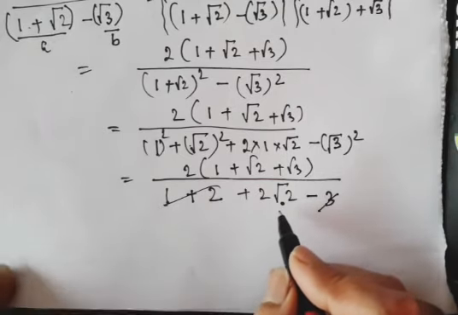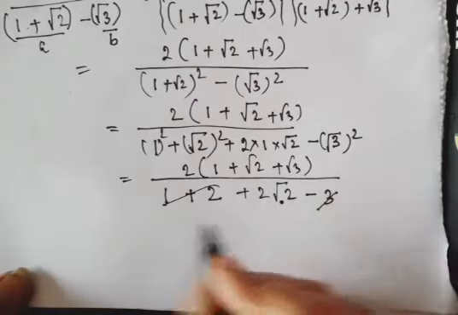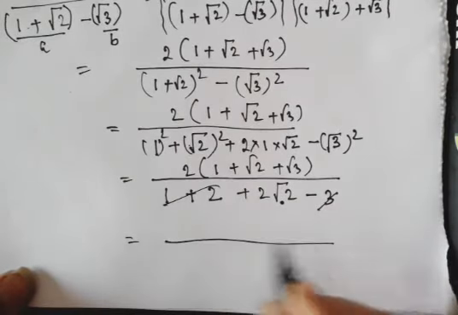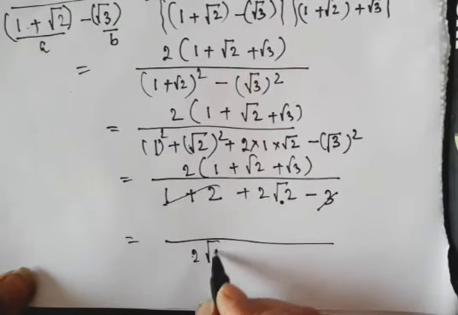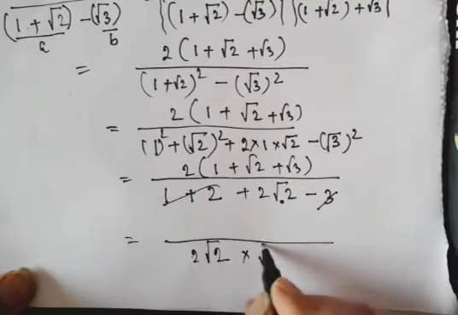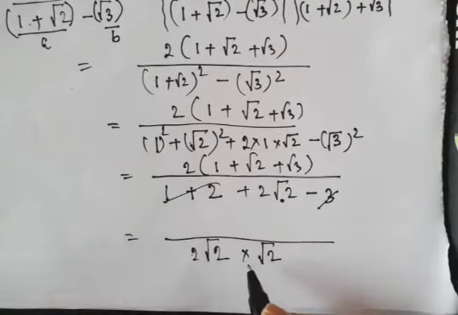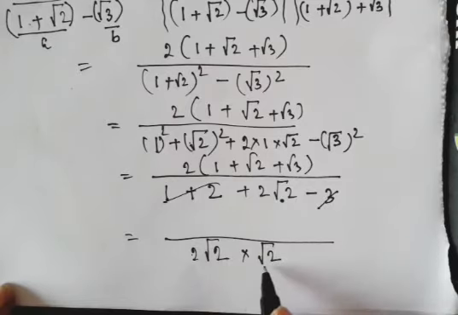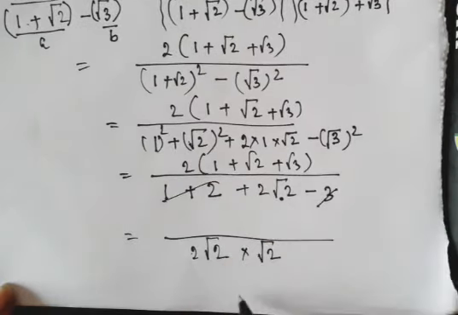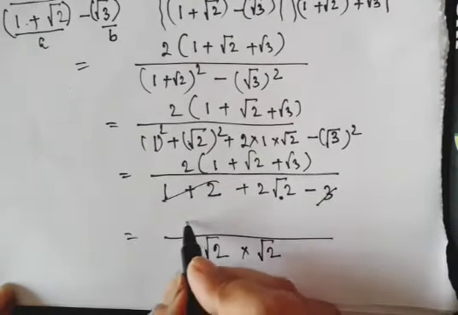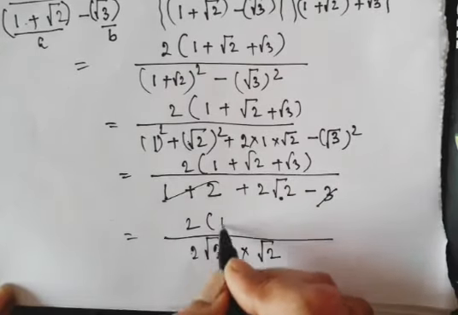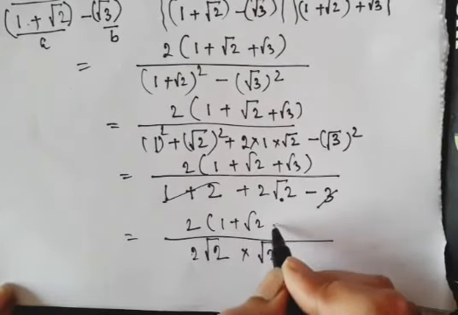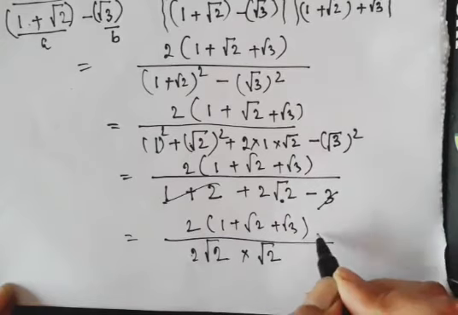So here to rationalize the denominator, if it is 2 root 2, we have to multiply another root 2 to convert it into a rational number. This is the rationalizing factor we have to take. Again the same number we have to multiply to the numerator: 2 times 1 plus root 2 plus root 3, again root 2.